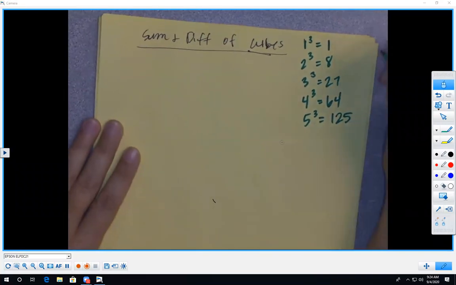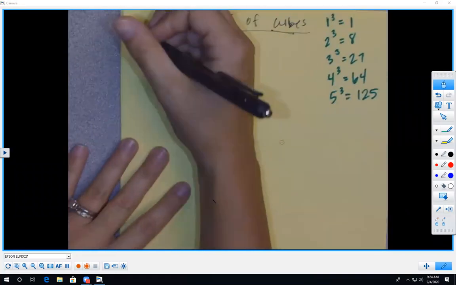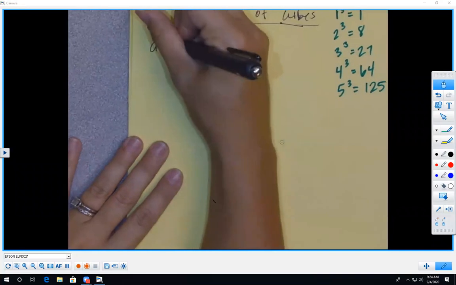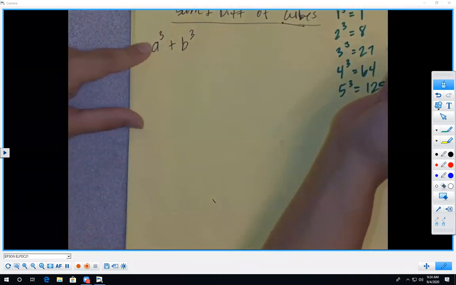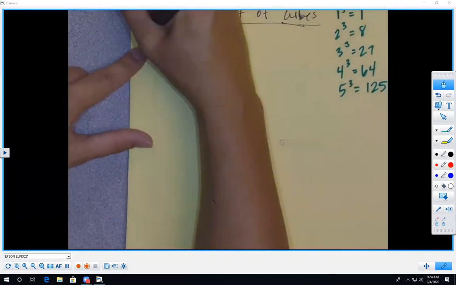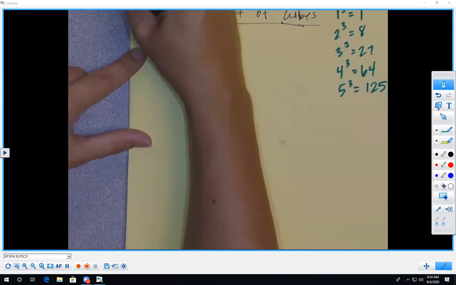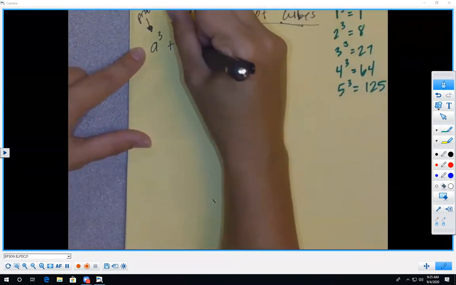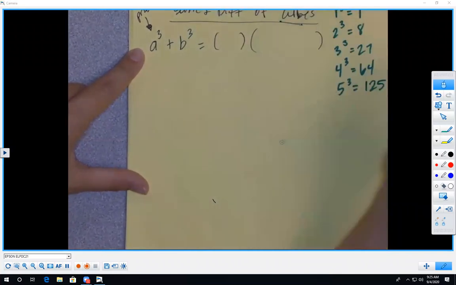Okay, and then the letters would be like x to the third power, right? So the formula here is if you have something cubed plus something different cubed, so that's what the problem looks like. Just a reminder, that's your problem. The answer is, this time it has a little set of parentheses and a big set of parentheses.